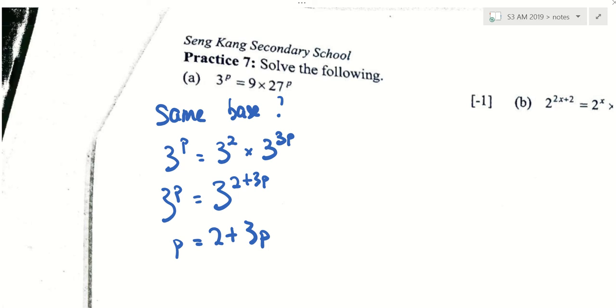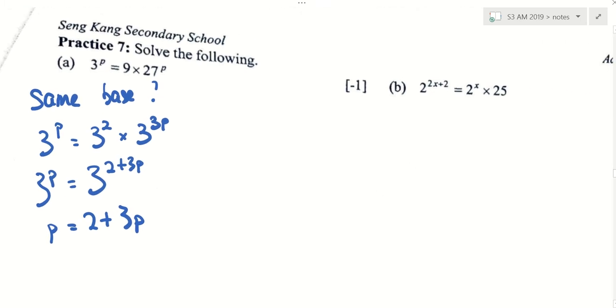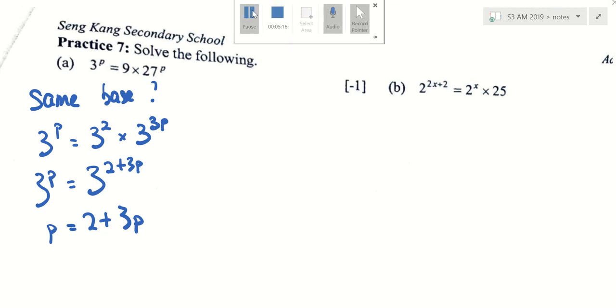Right, can you try the one here? Can you convert into the same base? Why are you stuck? You are stuck because of the 2x plus 2. Okay, 2x plus 2, do you split them?